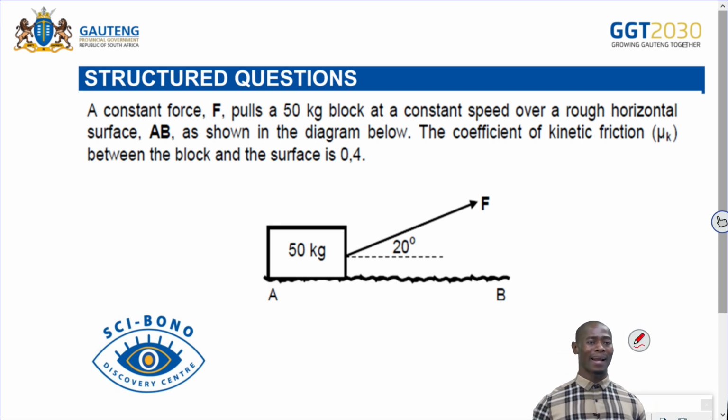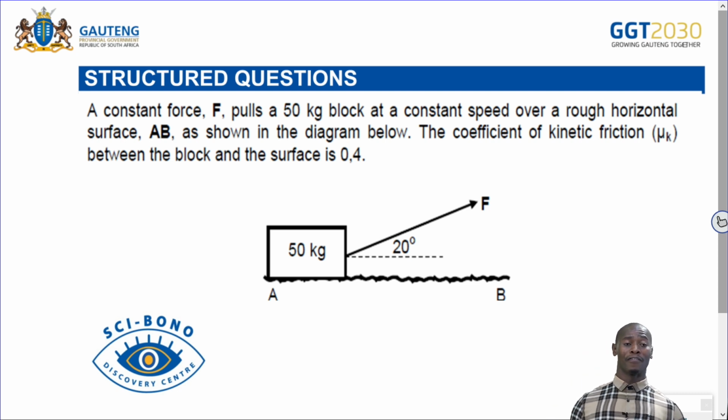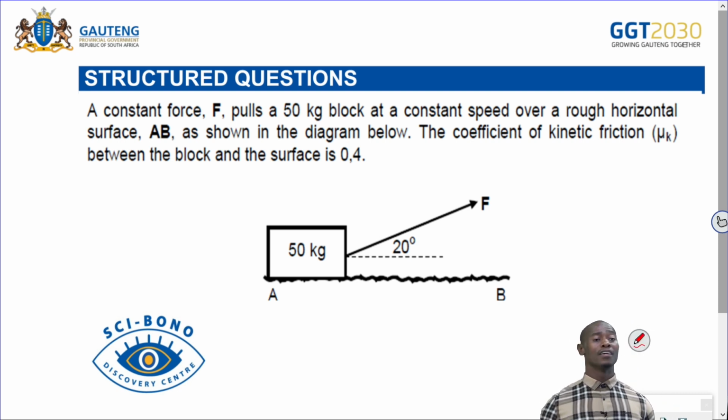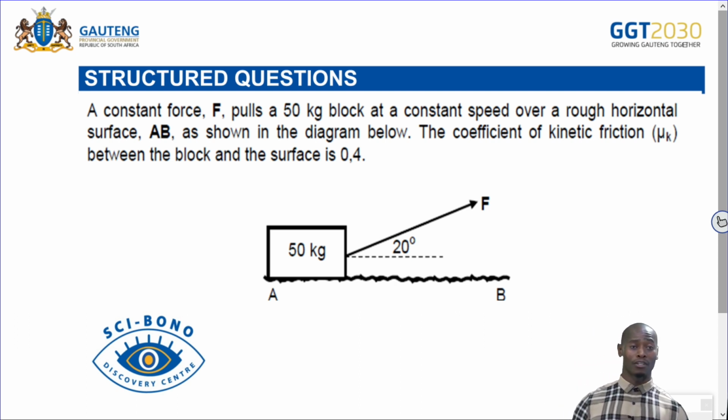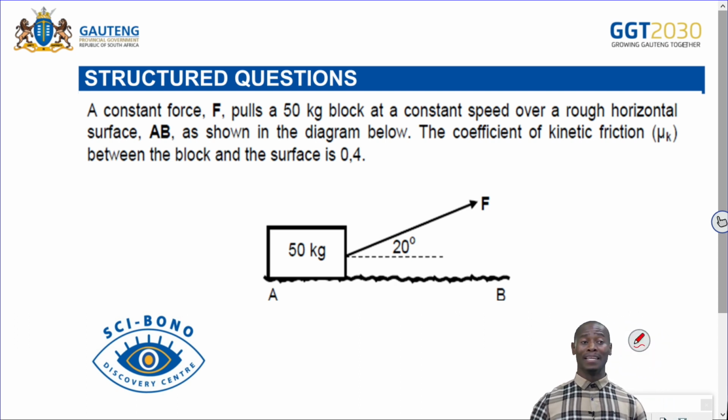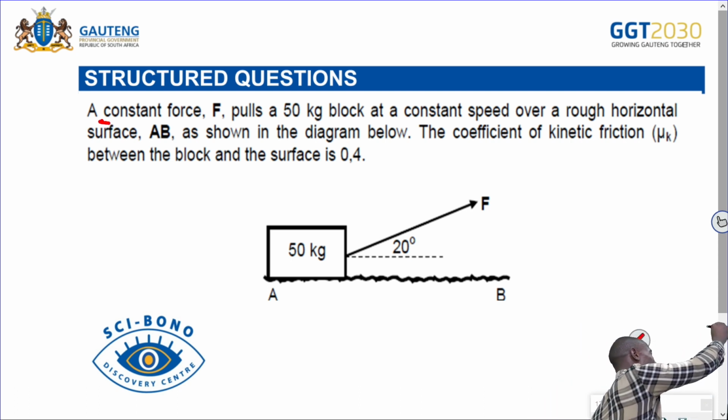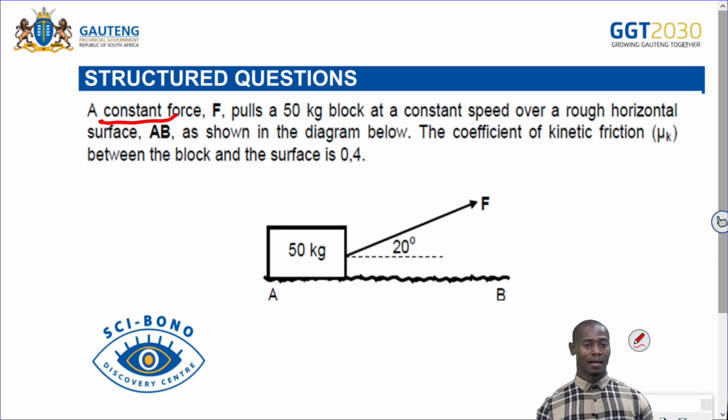So that force is applied constantly from A to B. If that object was pulled at an angle of 20 with a force of 5 newtons, it will remain like that from A to B. So the force is applied constantly. Please, when they see the word constant, they think, okay, we have arrived, F net is equal to 0.